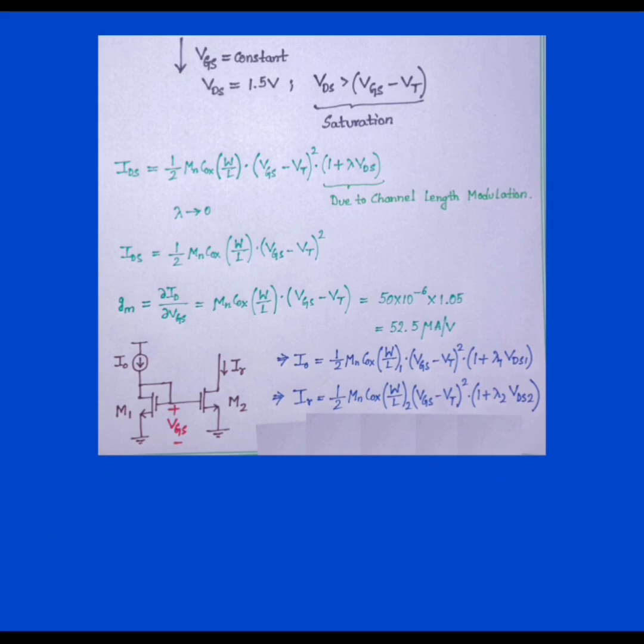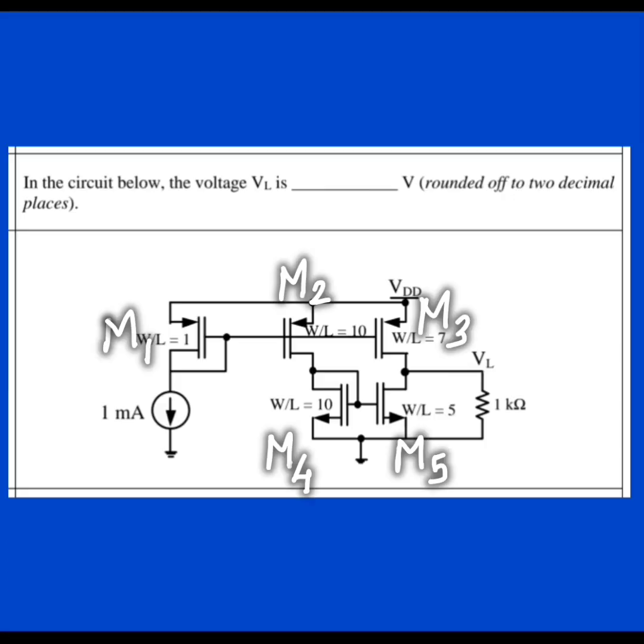Okay, let's start. The question was asked in GATE 2023, where you can see that 1 milliampere current is flowing through this transistor whose W by L ratio is 1. For simplicity, let me mark this MOSFET as M1, this one as M2, and this one as M3. You can see that the source to gate voltage for these three PMOS, M1, M2 and M3, are the same, and we are assuming that the drain to source voltages are the same for all the PMOSs.